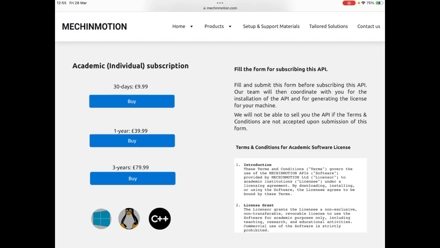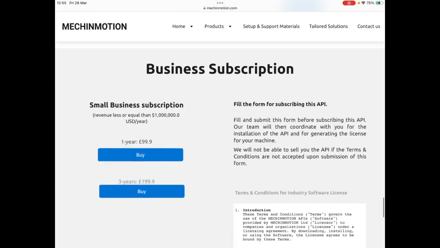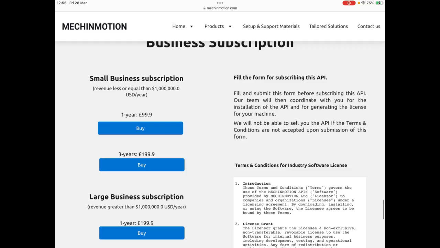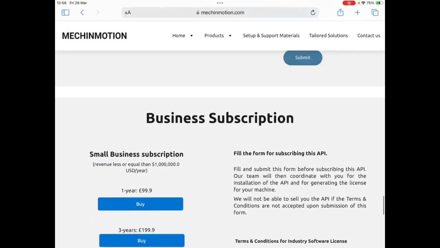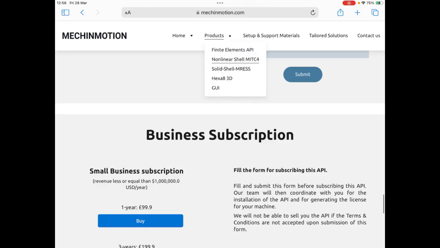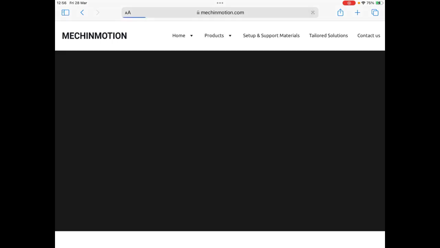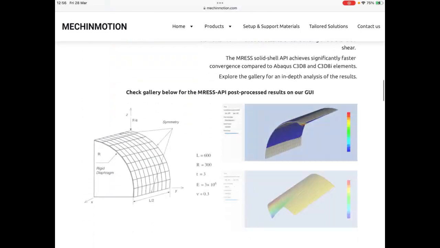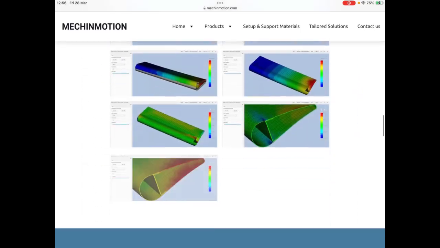You can see it's quite cheap. We also have a business subscription, depending on the business, so one year at £99.9 is quite a cheap price for business, right? Solid shell as well, very quickly, you have a lot of benchmark tests and simulations, similar things.